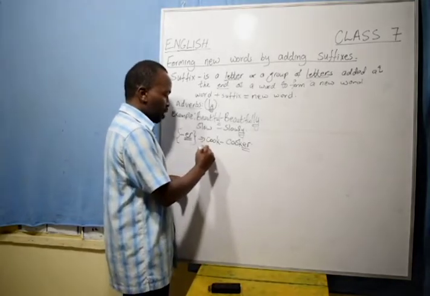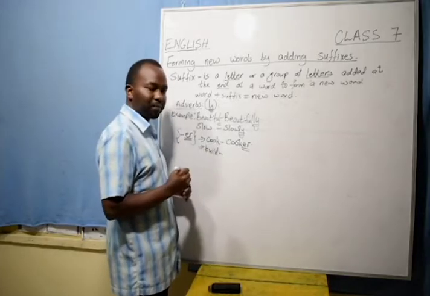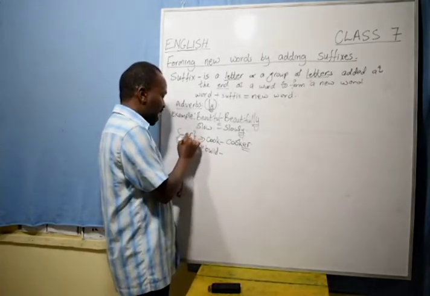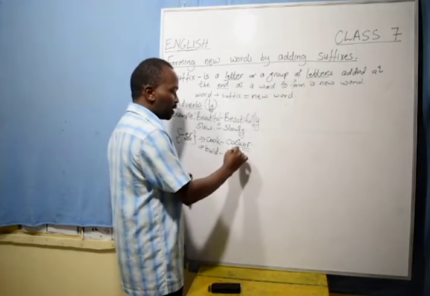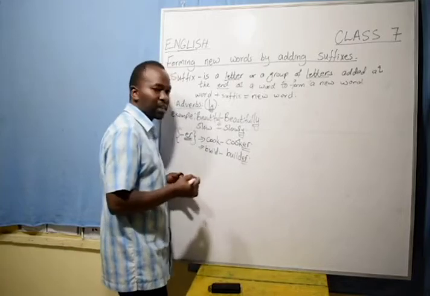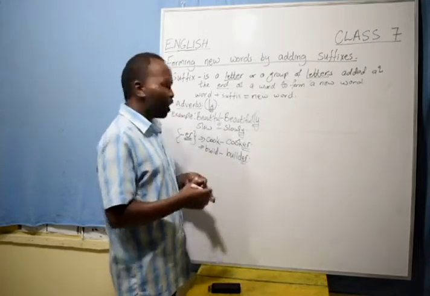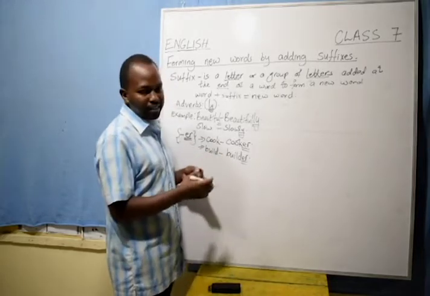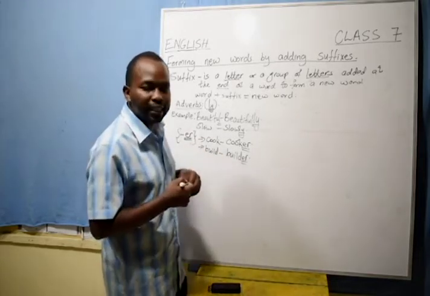Alright, we have another word. For example, the word build. The word build is a verb. We can add suffix er and form a new word, and the new word will be builder. As you form a new word, you should be able to tell which kind of word it is. Is it a noun? Is it a pronoun? Is it an adjective?